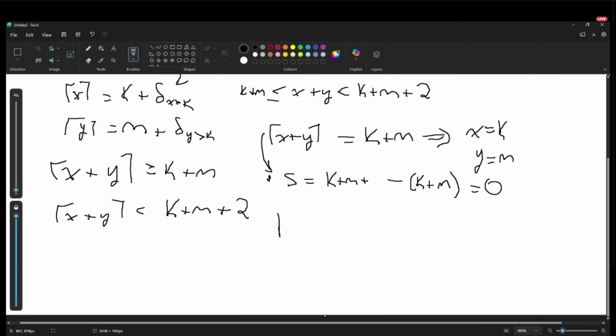Okay, the other case is that x plus y has to be equal to k plus m plus 1, right?